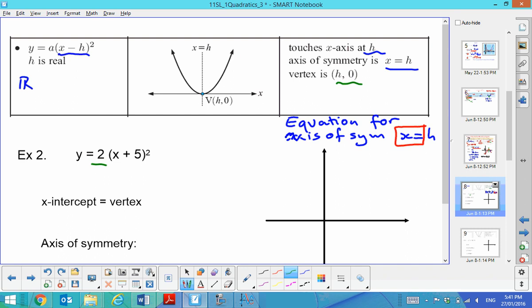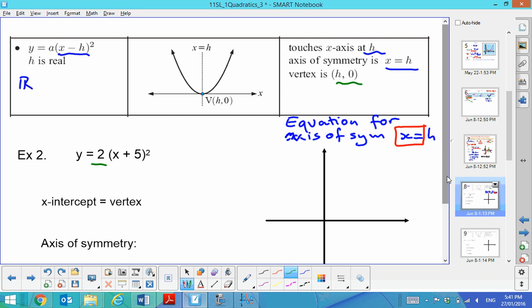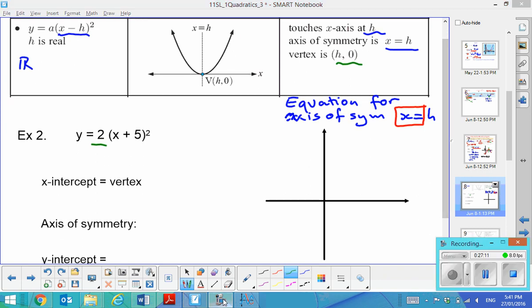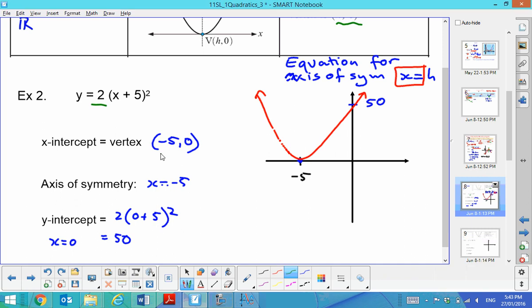So pause your video again for the moment, see if you can do a quick sketch of this graph, find out your x-intercept, which is your vertex, axis of symmetry, as well as your y-intercept. Okay, so hopefully you had a go at this one. You've found out that your vertex is at -5, 0. So here's our x-intercept.